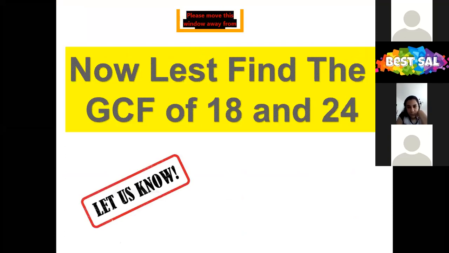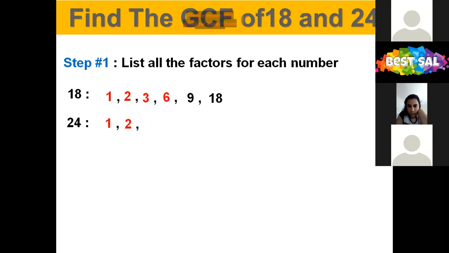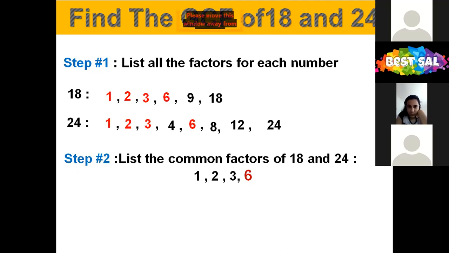Now, if we need to find the greatest common factor of our previous example, 18 and 24, we already listed the factors of 18 and all the factors of 24. And then in step number 2, we found all the common factors.